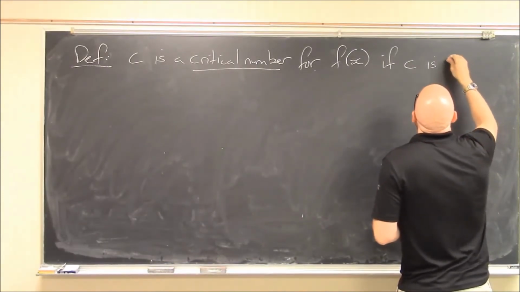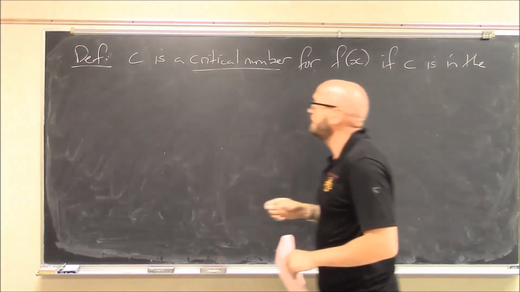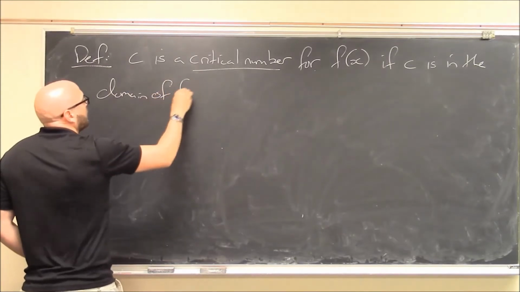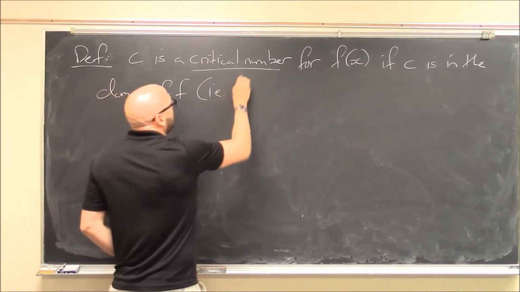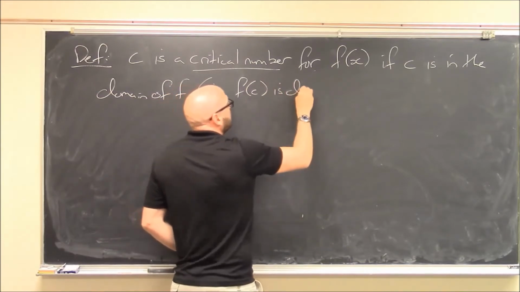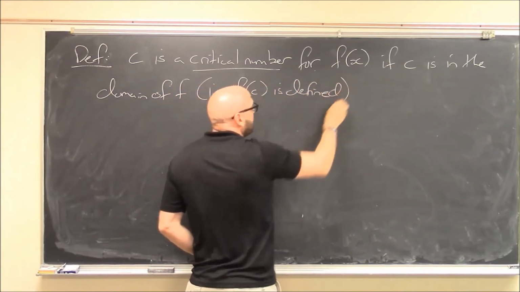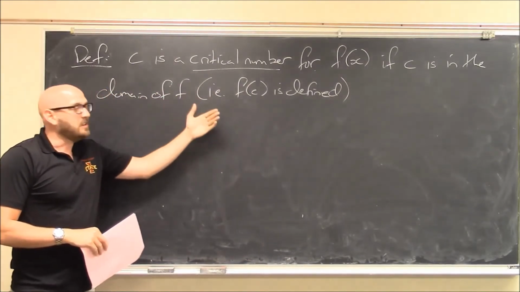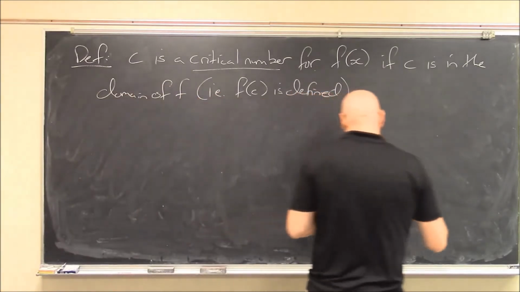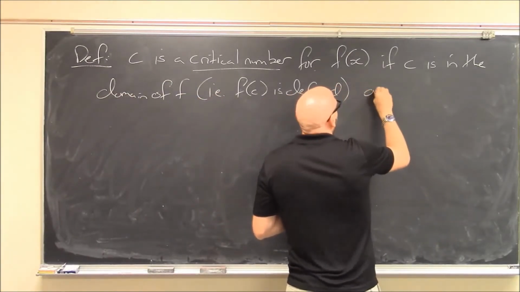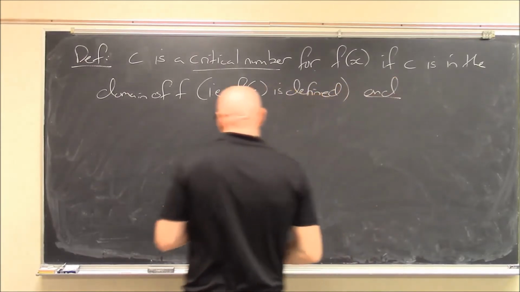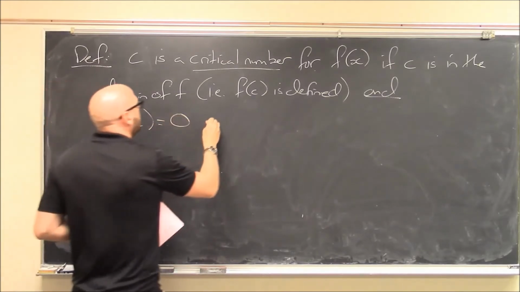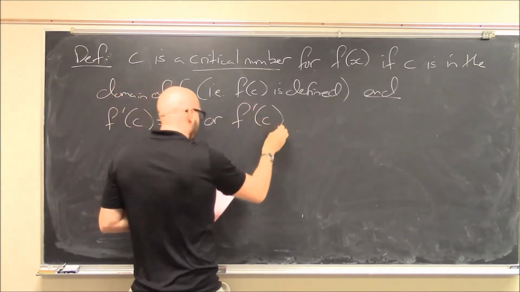That is, f of C is defined. That's exactly what it means to be in the domain. And that generally just means make sure you don't divide by 0 when you plug in C. And either the derivative at C is 0 or the derivative at C is undefined.